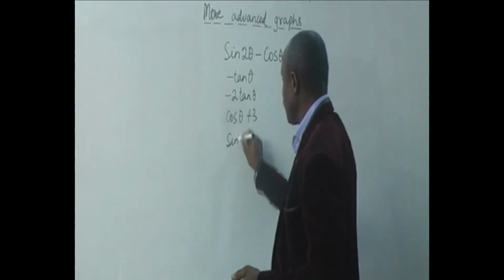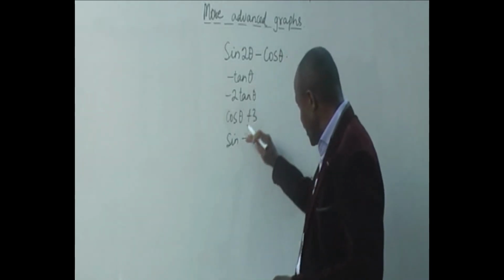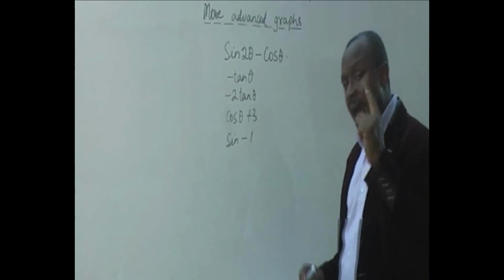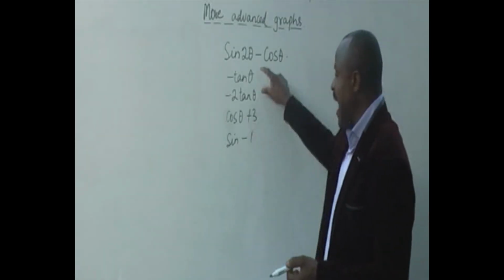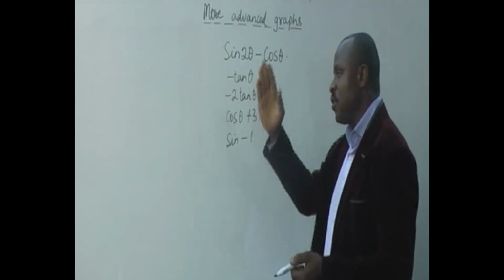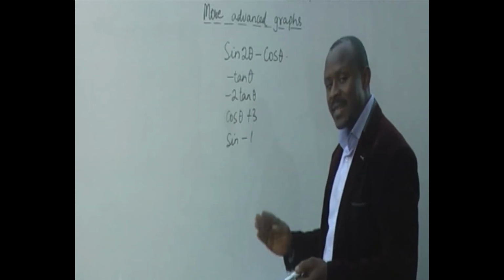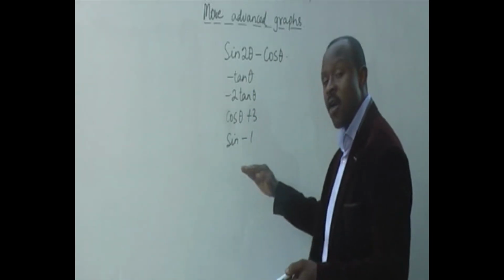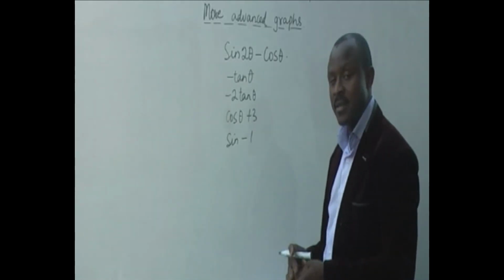Sine theta minus 1. It can come a series of this. However it comes, what you do is whatever the term is, that is the value you will plot on the y-axis against the corresponding values of theta on the theta axis, which is the x-axis.